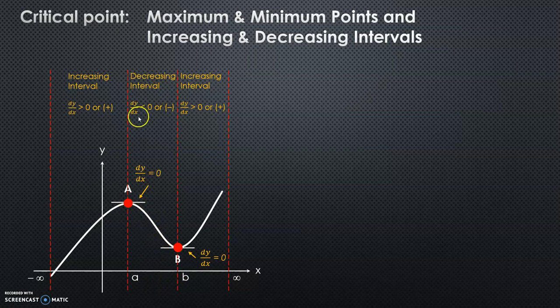In a decreasing interval, dy/dx is less than 0, or negative. Finally, in the third interval, B until infinity, again this is an increasing interval. So dy/dx is greater than 0, or positive.